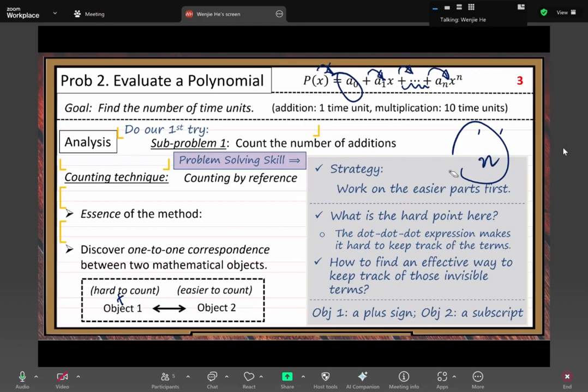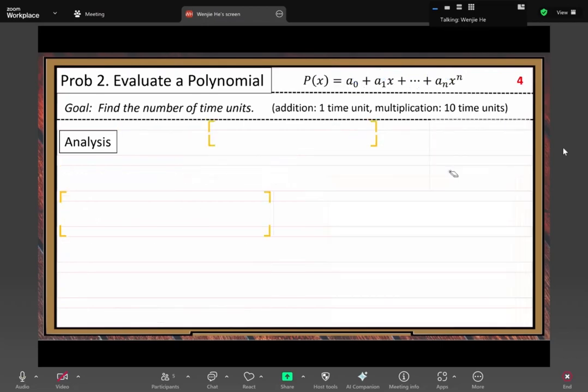Then we move to the second subproblem. We need to count the number of multiplications. We did this partially last time already, so this time let's complete the second subproblem. Subproblem number 2: count the number of multiplications.